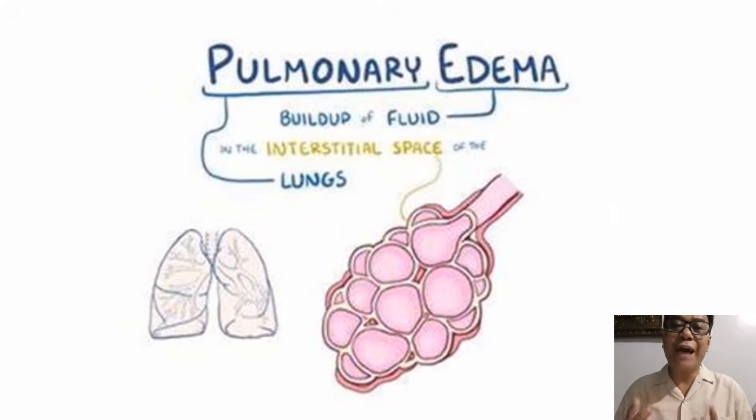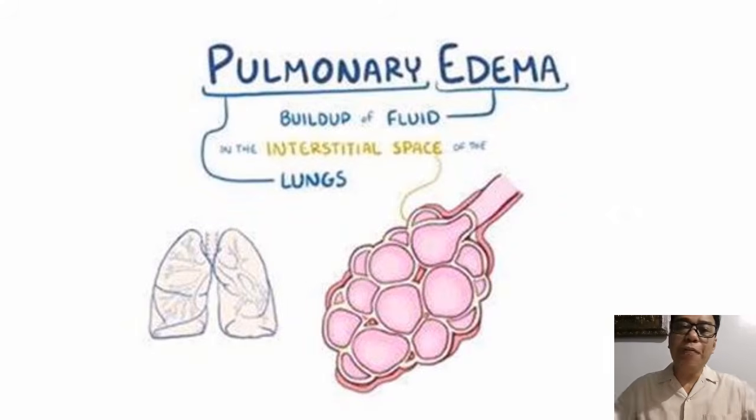So once that happened, there will be a fluid accumulation in our alveoli, and because of that, instead of gas, there's already a fluid. So meaning to say there will be a decreased diffusion of gases. So because of that, it will lead to hypoxia.